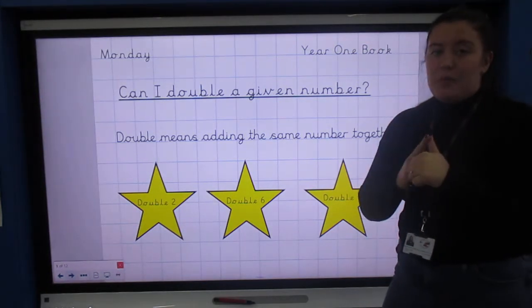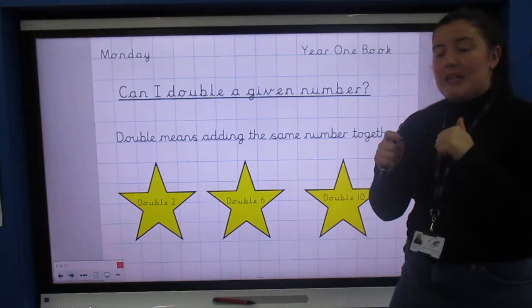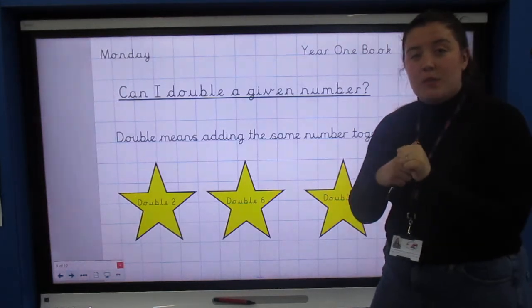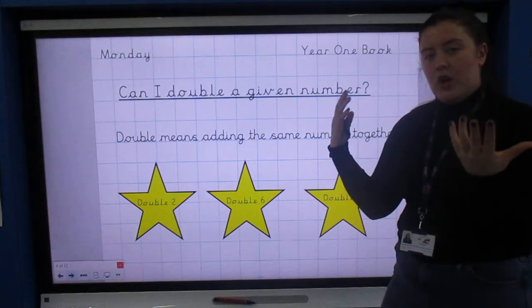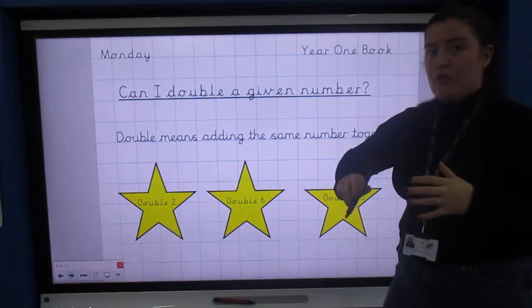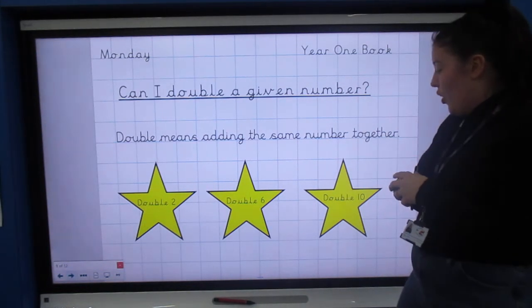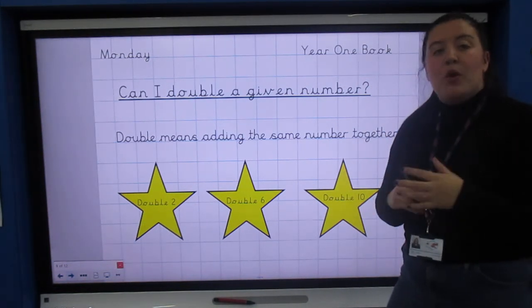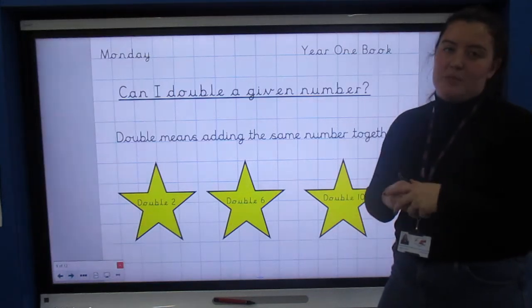And you can use objects. So you could get some pasta or some toy cars or some little counters, some little Smarties or something. And you can double 2, 2 lots of 2. What does it equal? Or you could have a go on your whiteboard at drawing the objects. Okay, so you can see it in a picture. Or you can have a go in your head. But please let me know how you find the answer so I know which method works best for you.